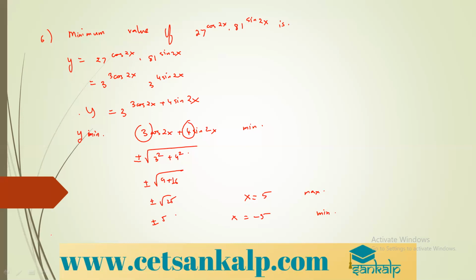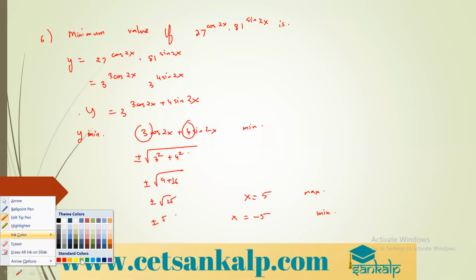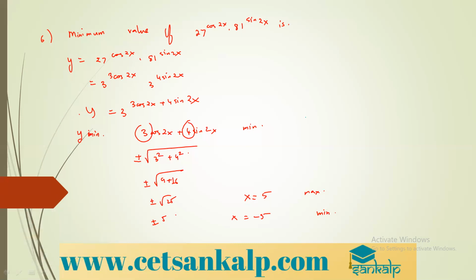The formula I have used here is a very shortcut formula. If you have to find maximum or minimum of a sin x plus b cos x plus c, you can use c plus or minus square root of a square plus b square.